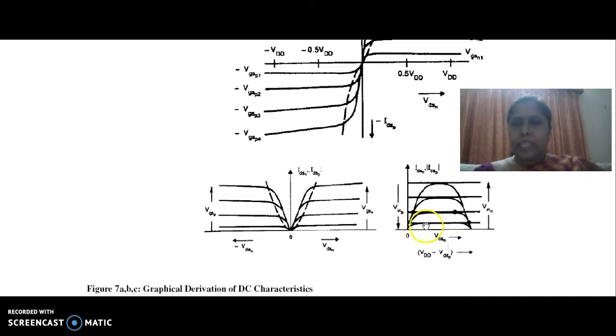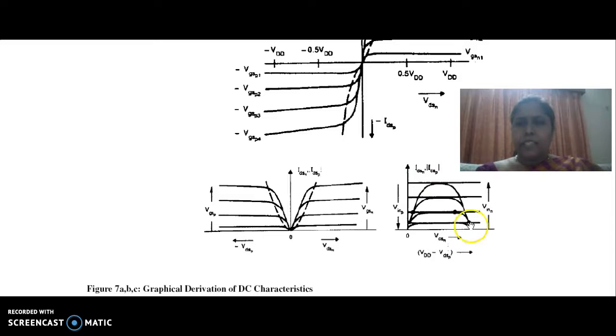When the input voltage is the least, that is the threshold voltage, 0.2 times VDD for the N MOSFET, the input voltage for the P MOSFET is minus VDD minus 0.8 VDD. That is, if the N MOSFET curve happens to be this, the P MOSFET curve happens to be this, and the operating point meets here.